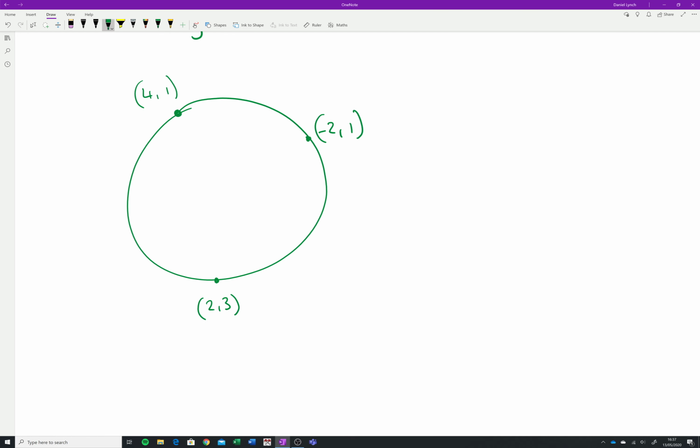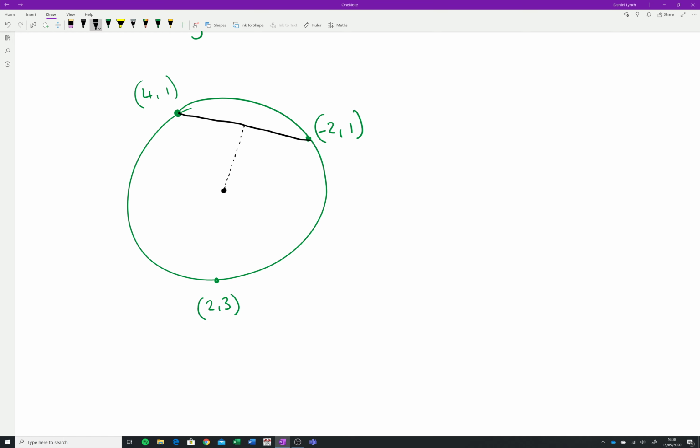Okay, here's something that you will probably have forgotten from the Junior Cert. If you take a chord across here, I might do this in a different color, just so we can see it. If we take a chord there, wherever the center of the circle is, let's say it's approximately there, this will be the perpendicular bisector of it.